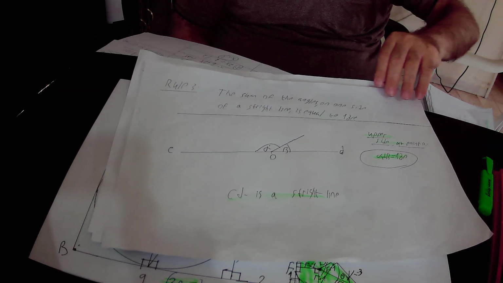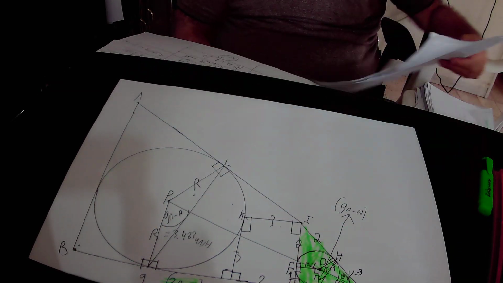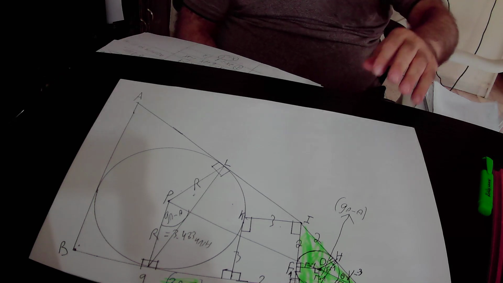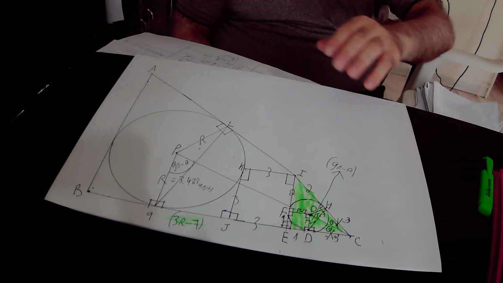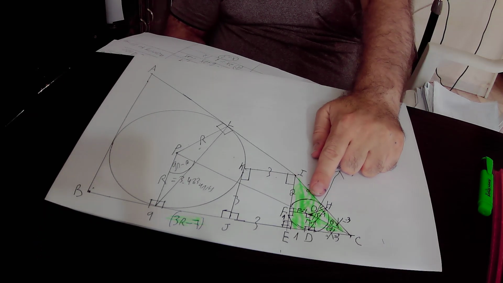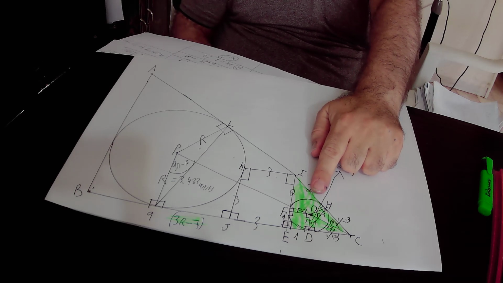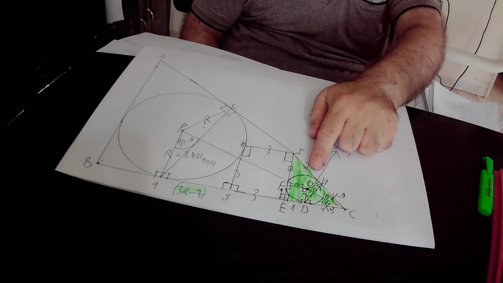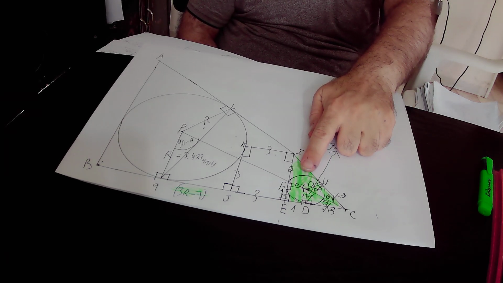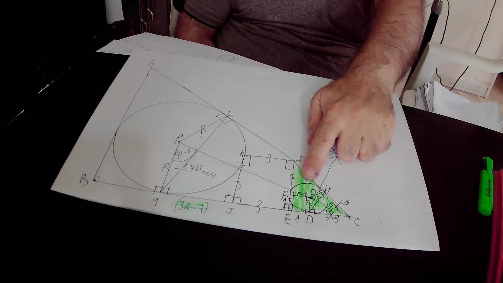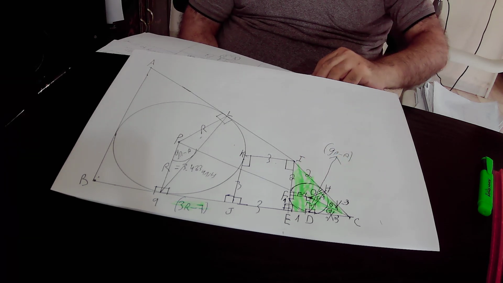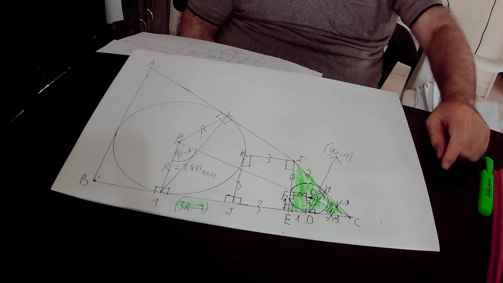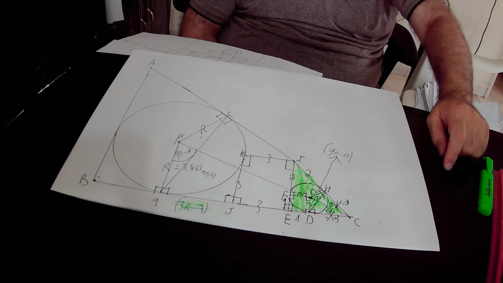Okay, so by using those three rules, we arrive at the conclusion that OFED is a rectangle because it has 4 right angles, and we know that the opposite sides of a rectangle are equal to each other.